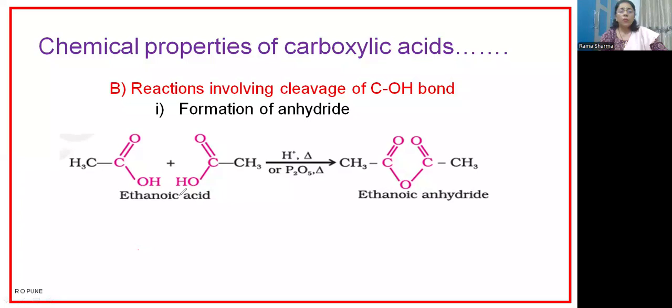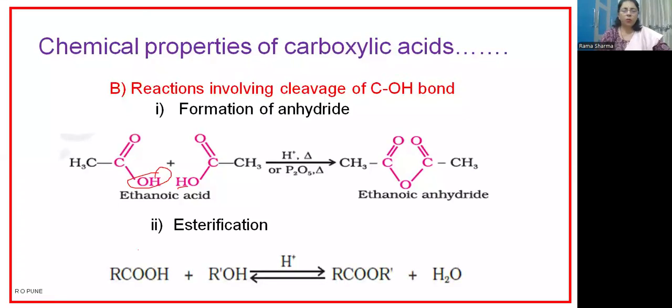It forms the anhydride, removing a water molecule. We can see that OH from this and H from this, one water molecule is removed and we get the anhydride of acetic acid, ethanoic anhydride. Its name is derived from here.